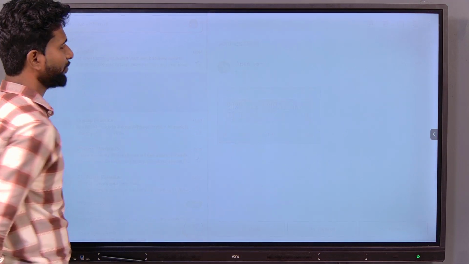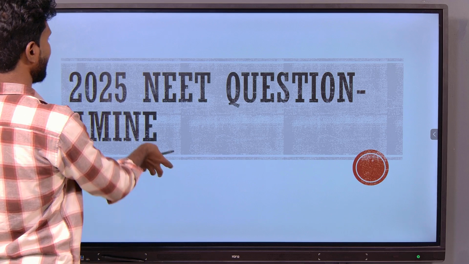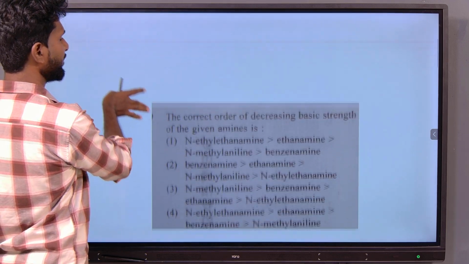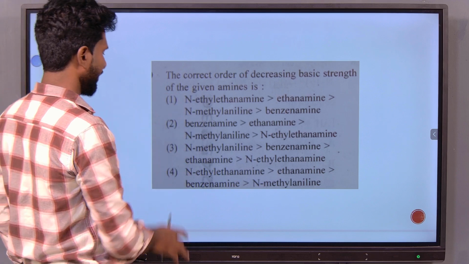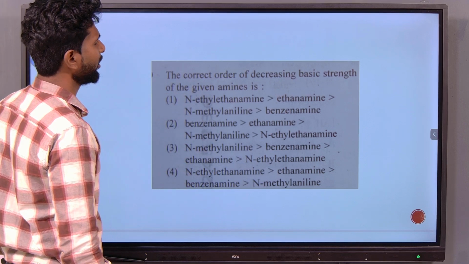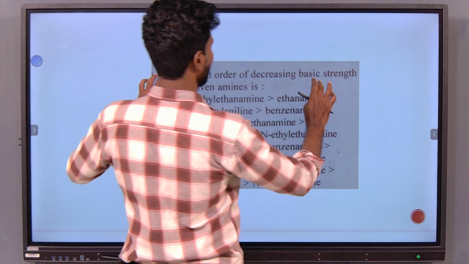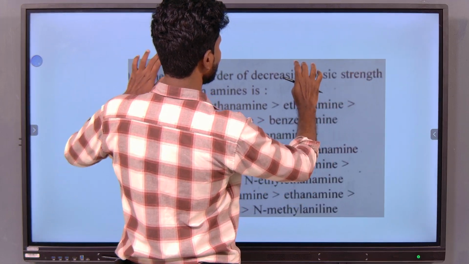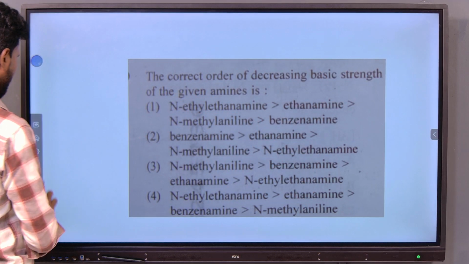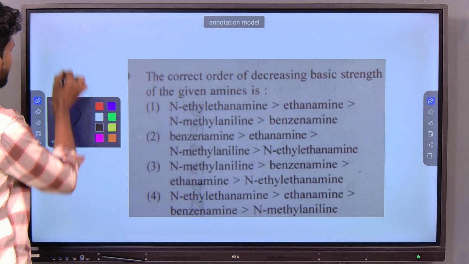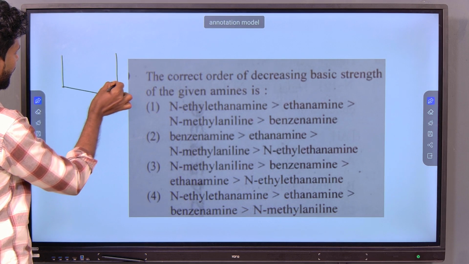In this lesson, there are two questions from amines. The first one is the correct order of decreasing basic strength of the given amines. I told you about benzene amine, or aniline.